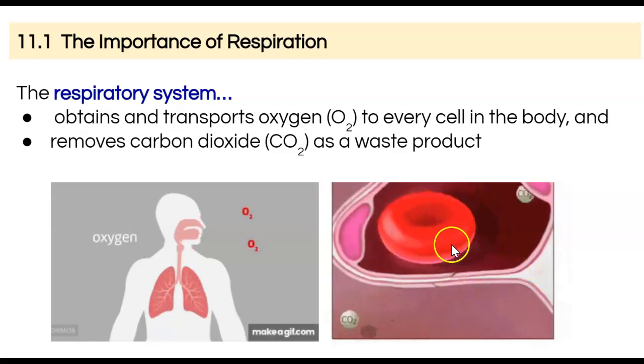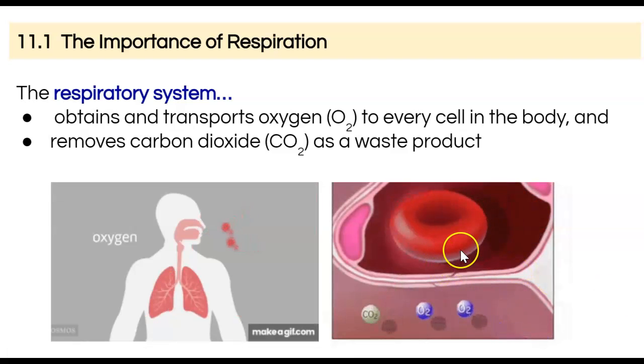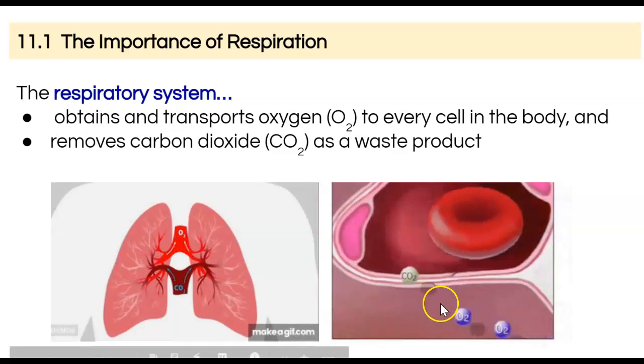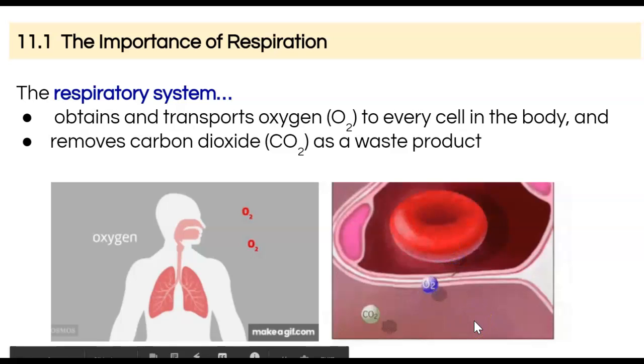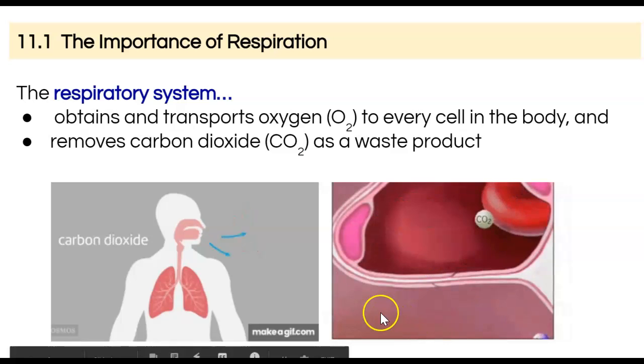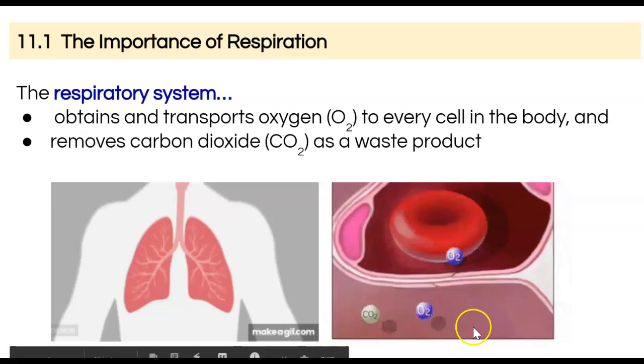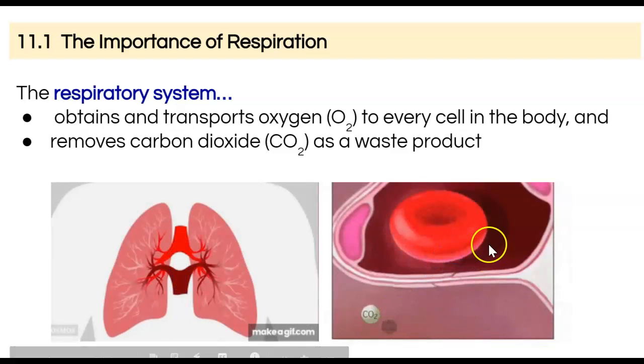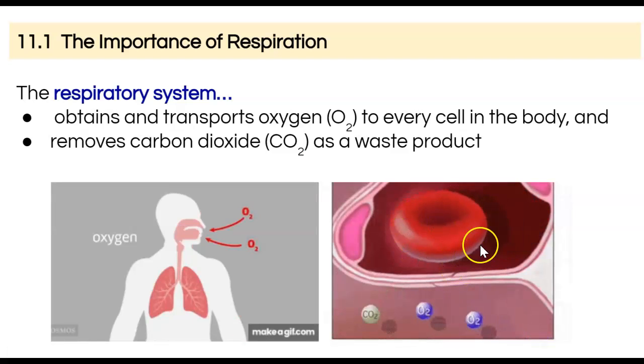So I just want to take a look at this for a minute. I'm hoping you're recognizing what this structure is. It's a red blood cell. And so presumably what we're looking at is over here, this is lung tissue. Air being taken into the lung, and over here, this is some part of your circulatory system where red blood cells exist.